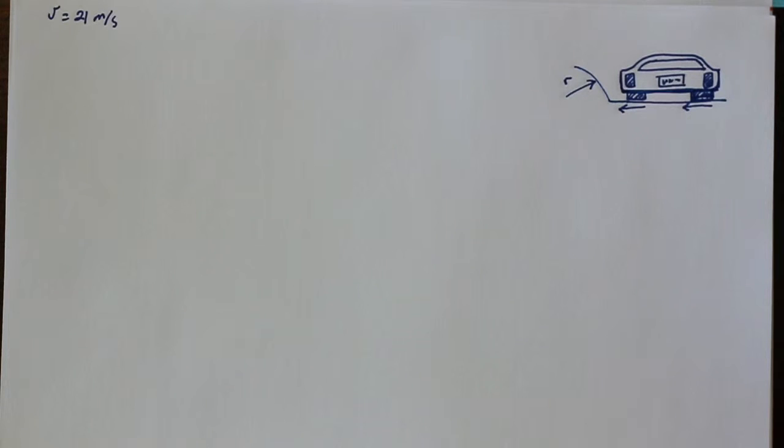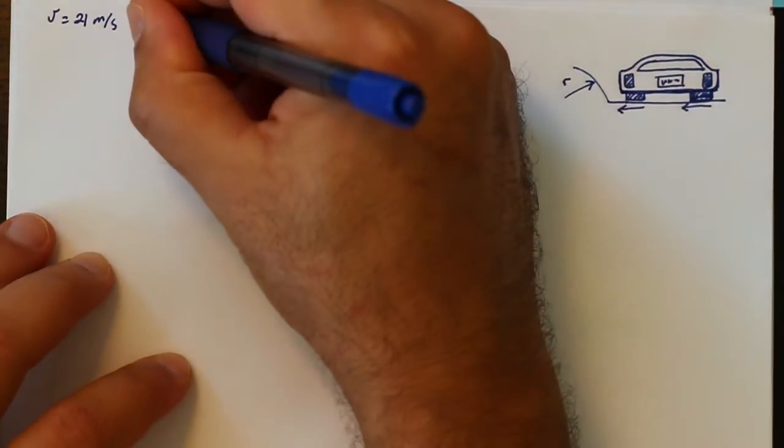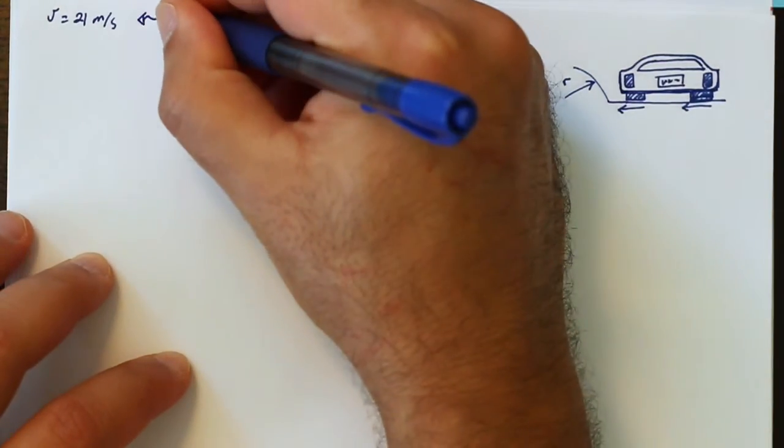And then we're told that suddenly there's a wet patch in the road, and that decreases the maximum static frictional force to 1/3 of its dry road value. So first of all, we know that this was for dry.